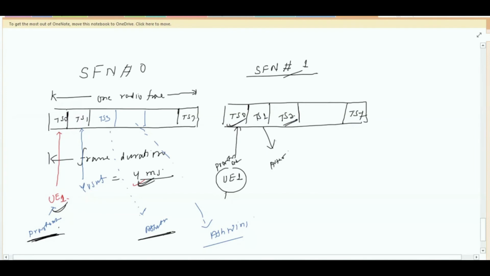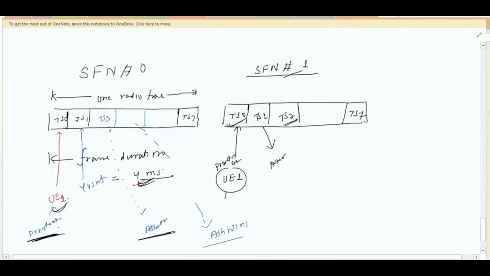For example, one frame, as I said, has 8 time slots with a duration of 4 millisecond. So this gap we want to keep constant. If a person is transmitting in TS0, and in the next frame needs another slot, then if the same slot is used, the gap will again be 8 time slots, the same 4 millisecond gap.